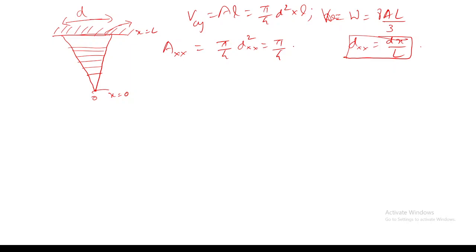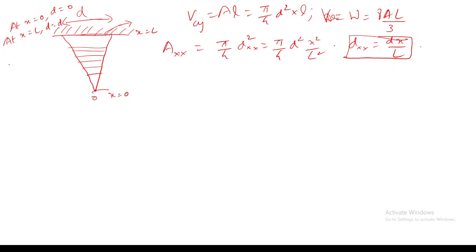So I am rewriting this as d square into x square divided by L square. How have I written dxx as d into x by L? At x equals 0, the diameter is 0; at x equals L, the diameter is d.